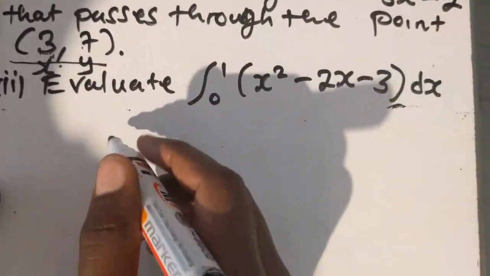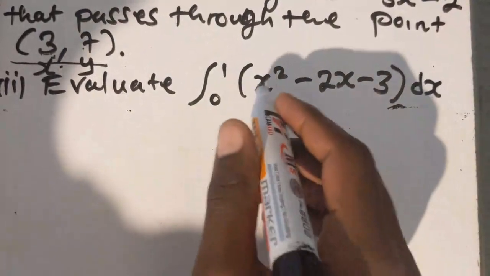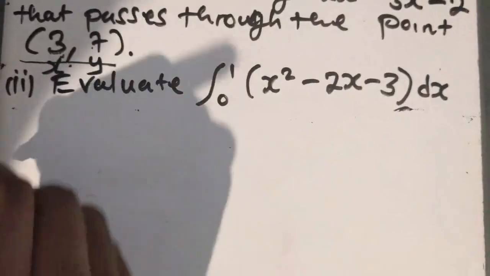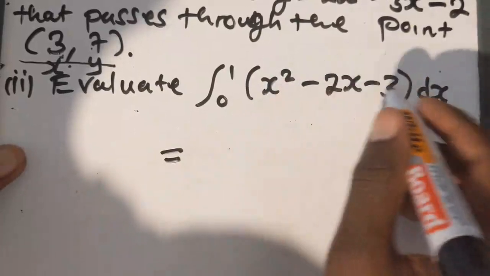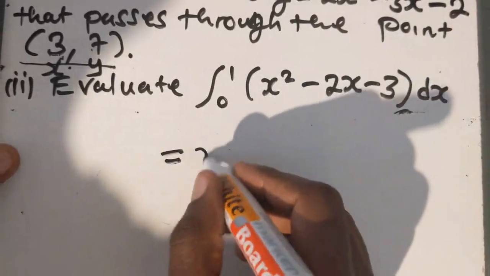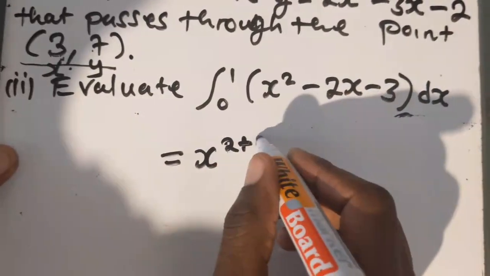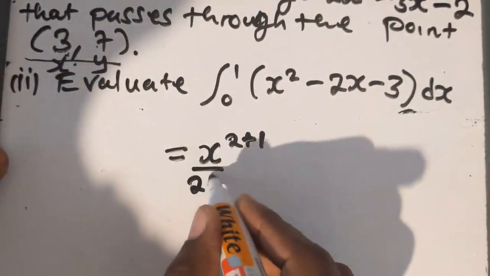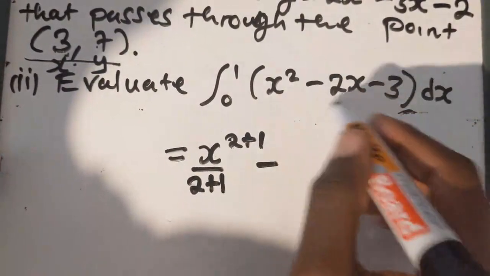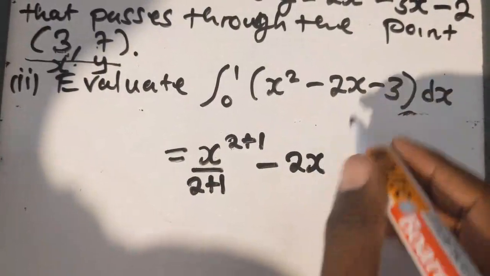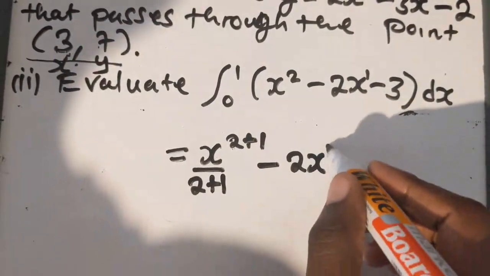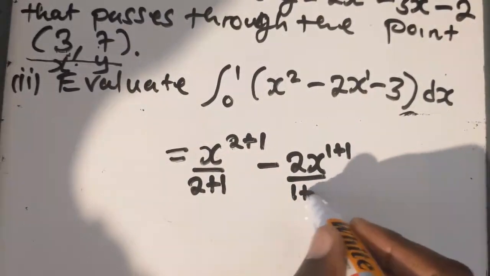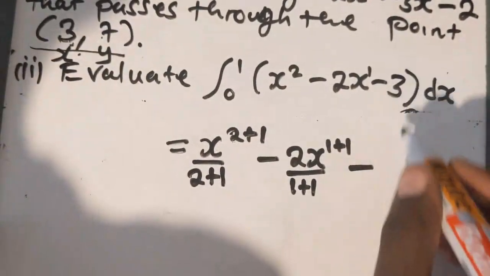So the integral is equal to the integral of what is inside here, so is x to the power 2, you just add 1, then you get 2 plus 1, then minus, you continue, this is 2x, here it's power 1, so you just add 1, 1 plus 1, then minus, this is 3.